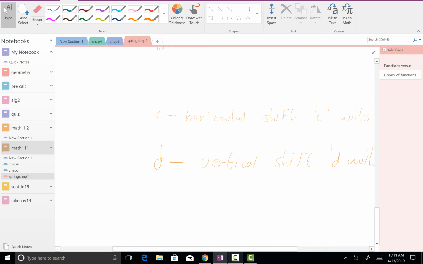So if I change this B, notice that it's compressing or stretching, but this time not vertically, but horizontally.